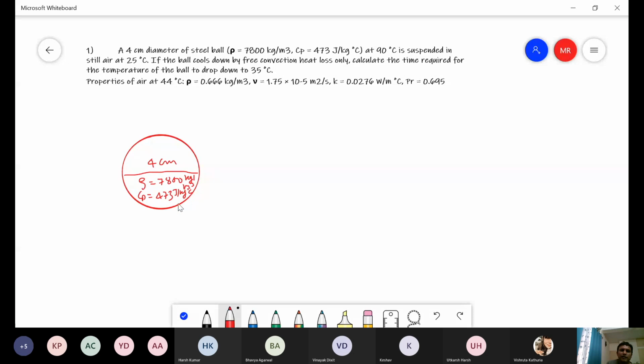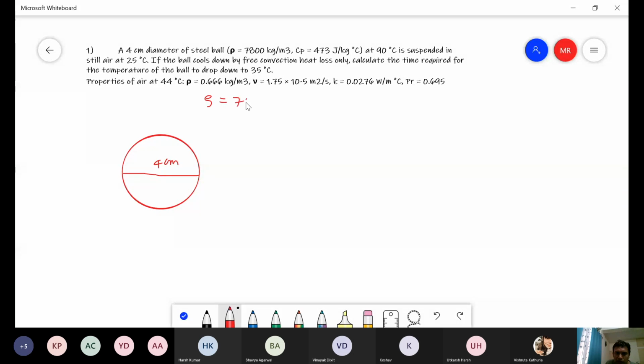Okay, and the temperature here, T wall, let's say, is initially 90 degrees Celsius. Instead of making things complicated, I'll just write it here itself. This is 4 centimeter. The rho of the ball is 7800 kg per meter cube.